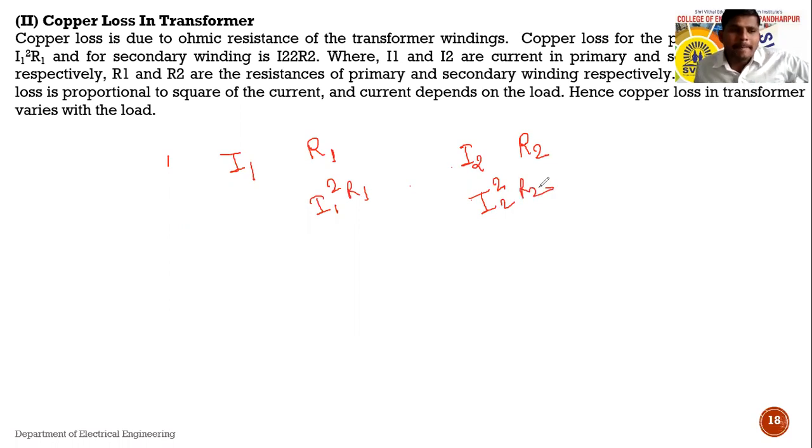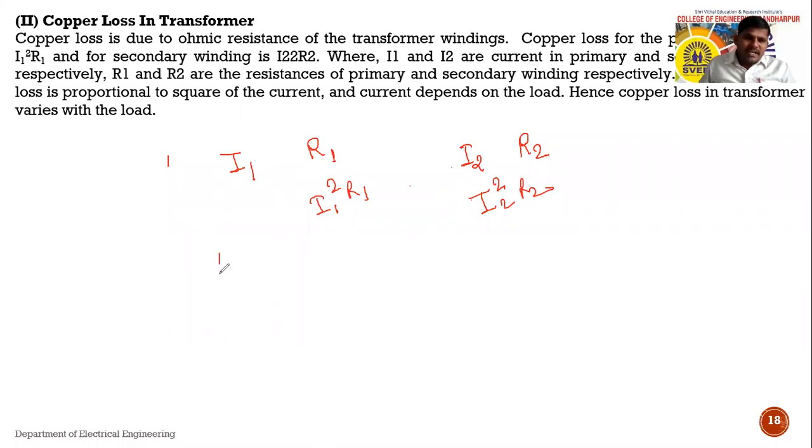Here R1 and R2 are the resistances of the primary winding and secondary winding respectively, and I1 and I2 are the currents flowing through the primary and secondary windings. From these two equations, we know that the copper loss is proportional to the square of the current.